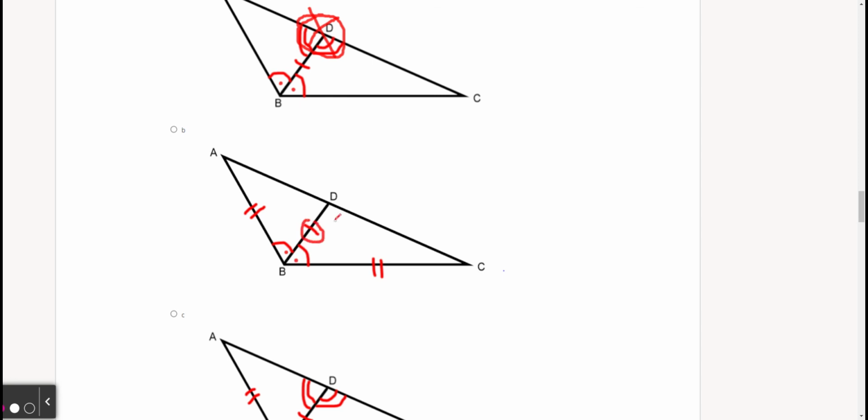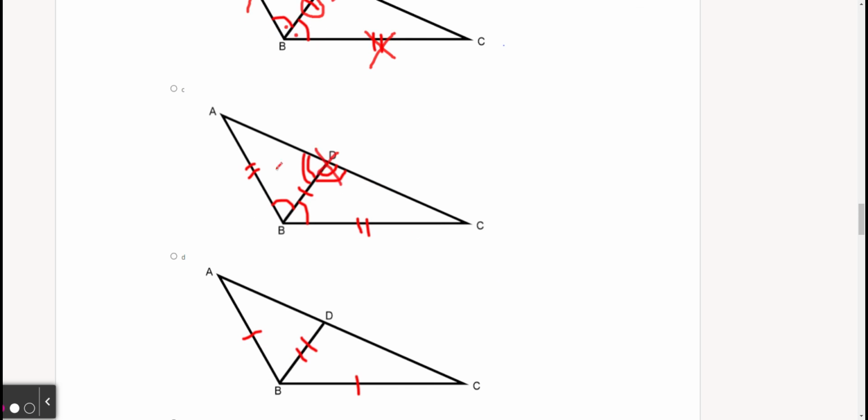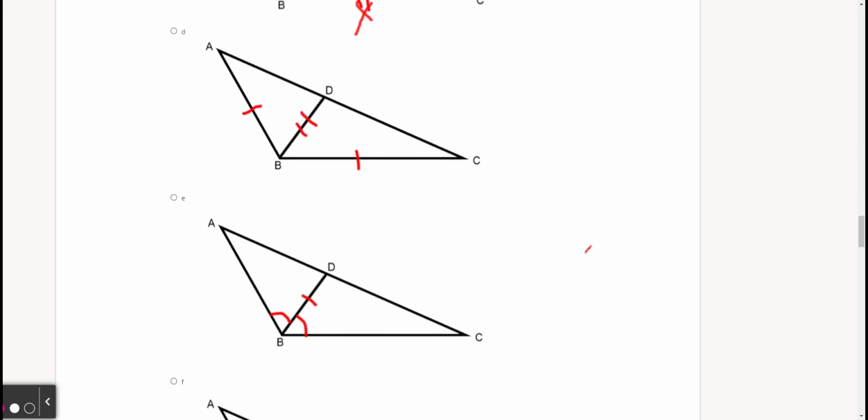I've got my 2 angle marks here. I've got the reflexive side. That works out, but I've got this nonsense here. I don't know anything about those legs. Here I've got a whole lot of extra nonsense. I don't know what all of that is. It hasn't told me that. And here I've got my 2 angles and my reflexive side. You can always mark those reflexive sides.